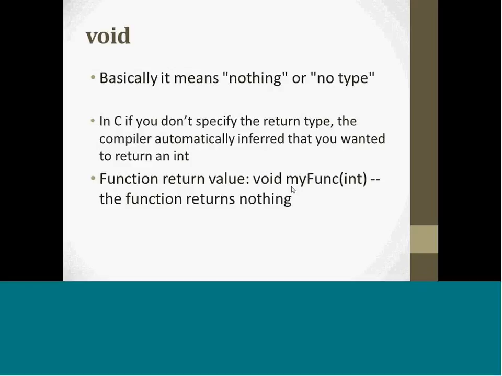Whatever I want the function to do, I don't really need a return, like an integer or character or anything else from the function. So that's the purpose of this type. If I don't specify the return type, the compiler will automatically assume I want an integer as the return value. That's why we use this data type void in the C language.